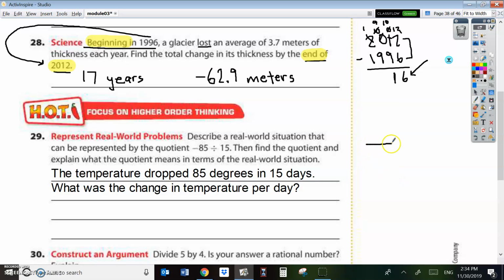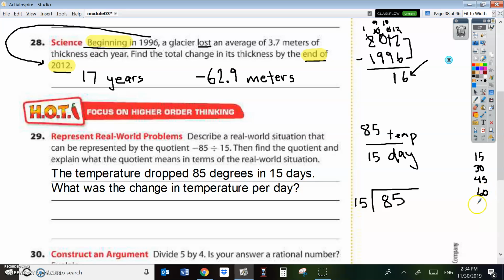So it's temperature per day. So 85 over 15. How many 15s in 85? Count by 15s: 15, 30, 45, 60, 75, 90.